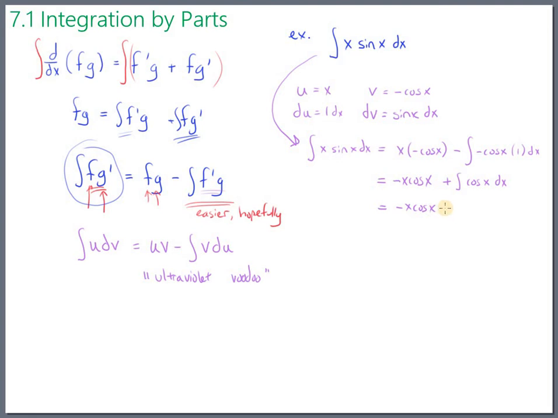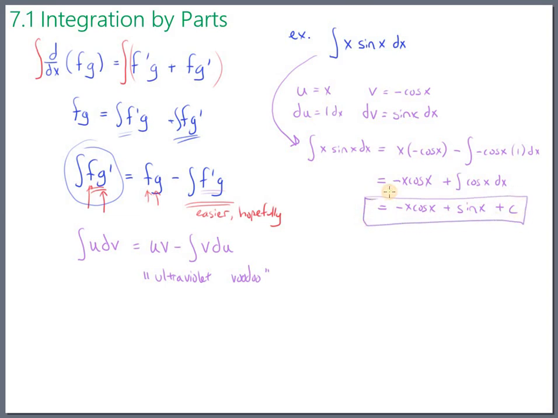The integral of cosine is just sine. And of course, because this is an indefinite integral, we will not forget the plus c that we haven't seen in a while. But this is the integral of x times sine of x.